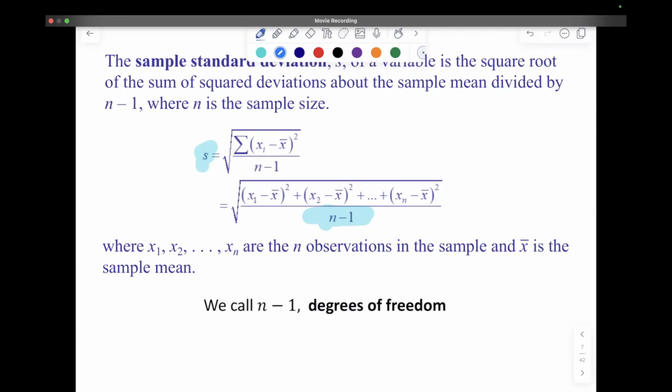Because there's a lot of differences, we could have not chosen a super small value or not chosen a super large value. So in order to account for that variability of all the different samples, we're making our standard deviation a little bit bigger. So we're dividing by a smaller number to account for all that variability. Thank you. You're welcome.